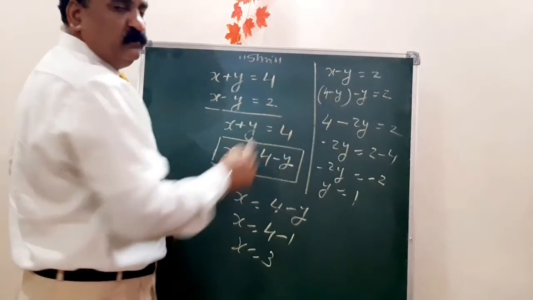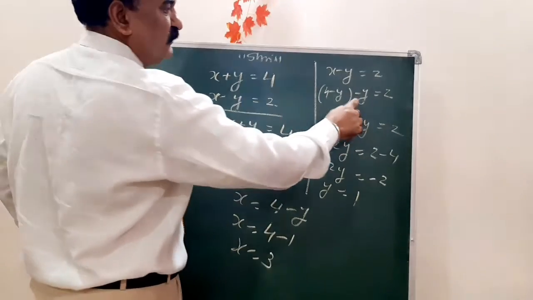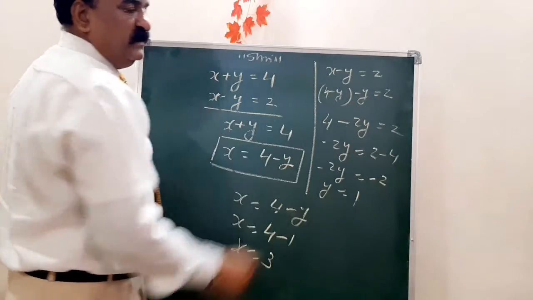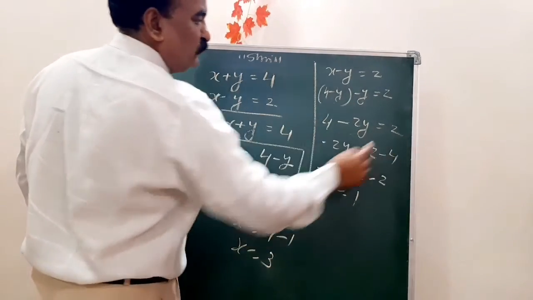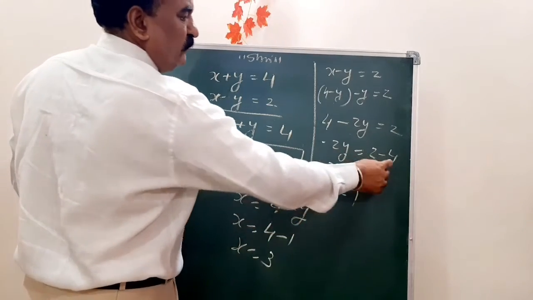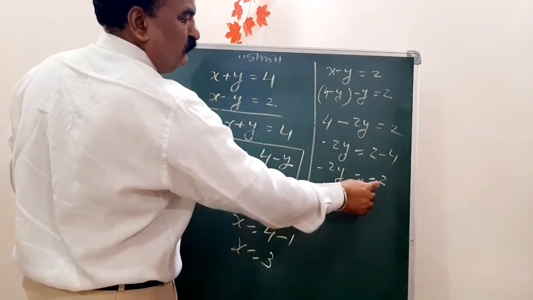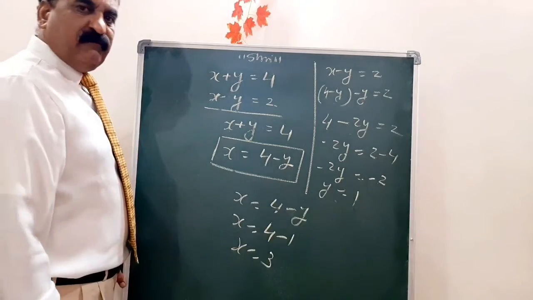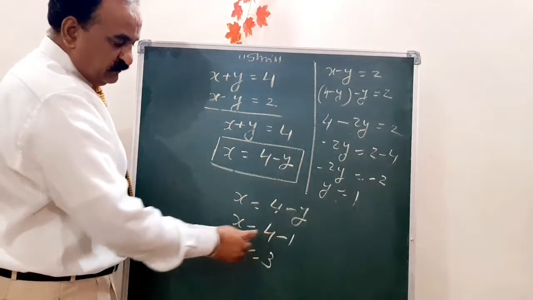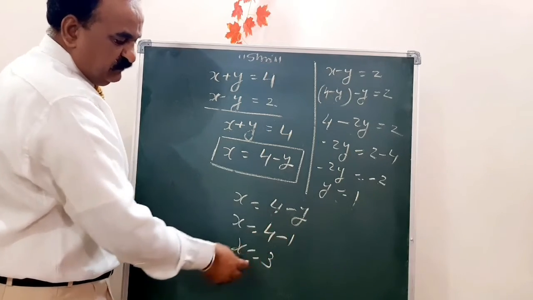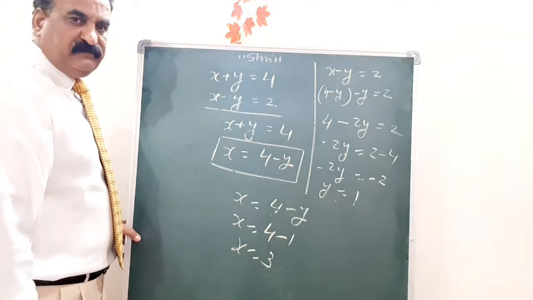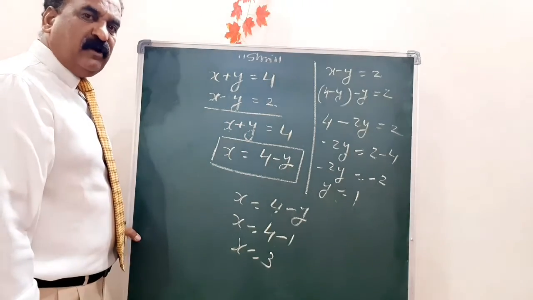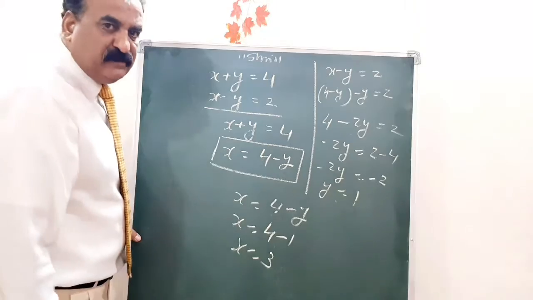In place of x you put 4 minus y. 4 minus y minus y becomes 4 minus 2y equal to 2. So minus 2y is equal to 2 minus 4, minus 2y equal to minus 2. So y is equal to 1. If y is equal to 1, you can put x is equal to 4 minus 1, x is equal to 3. This is called the method of substitution or substitution method.